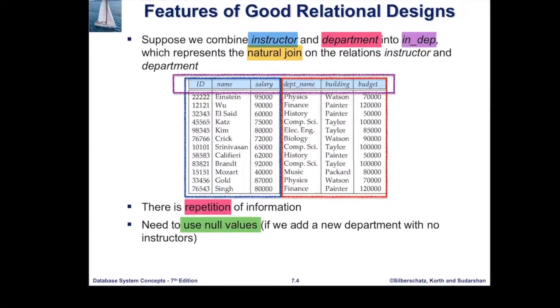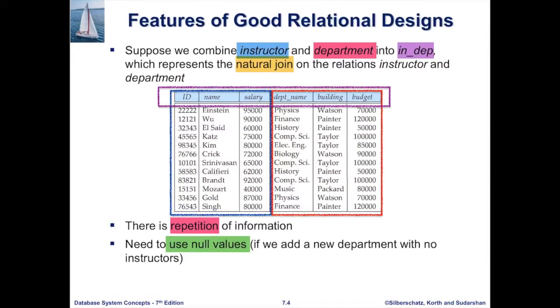Since wala pa naman initially instructors na nakalagay doon sa department na yun, magkakaroon tayo ng null values. So, there are two things that we wanted to avoid if we wanted to have a good relational design or a good schema. Number one is that dapat walang repetition, hindi dapat magkaroon ng data redundancy. And then, second is that we wanted to remove yung mga chances na we can have null values.